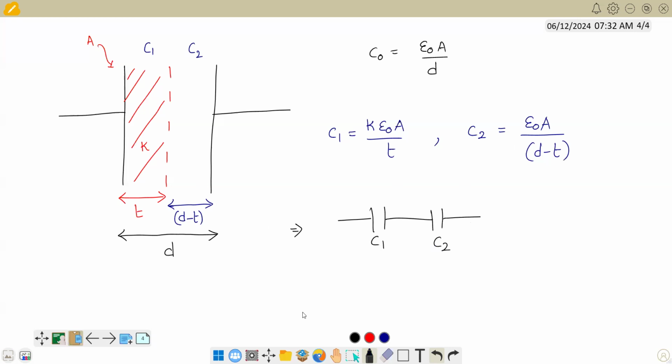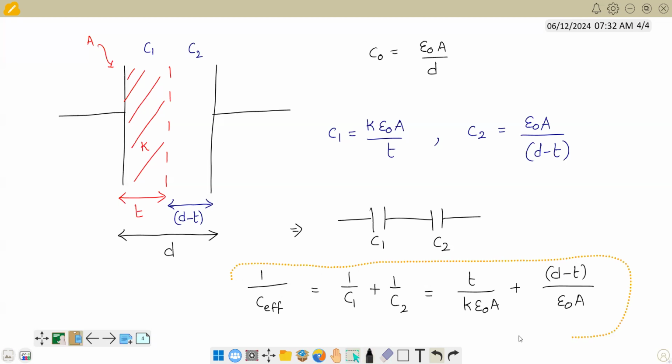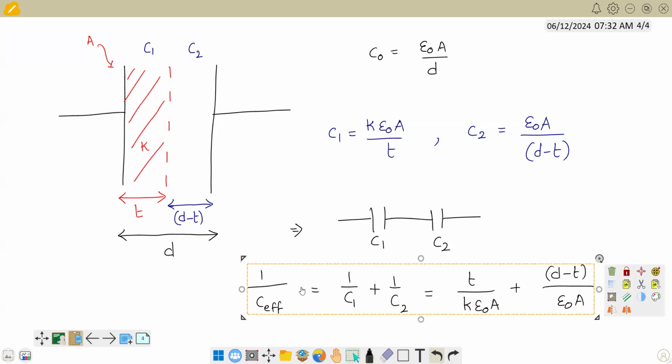It's like two capacitors in series. If you want the effective value, 1 by C effective would be 1 by C1 plus 1 by C2, which is nothing but t by K epsilon naught A plus d minus t by epsilon naught A. I will take it to the next page and we'll solve it there.